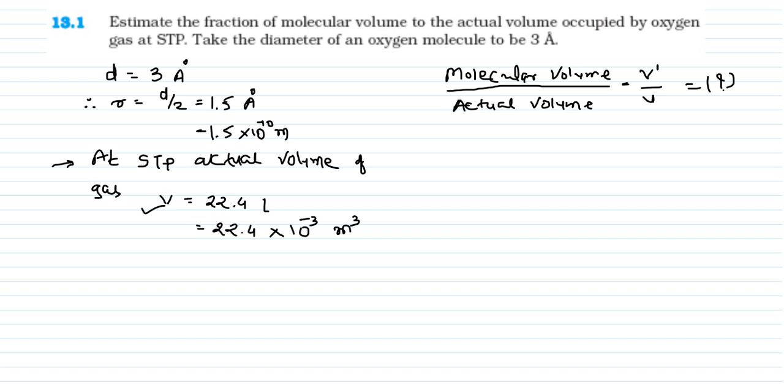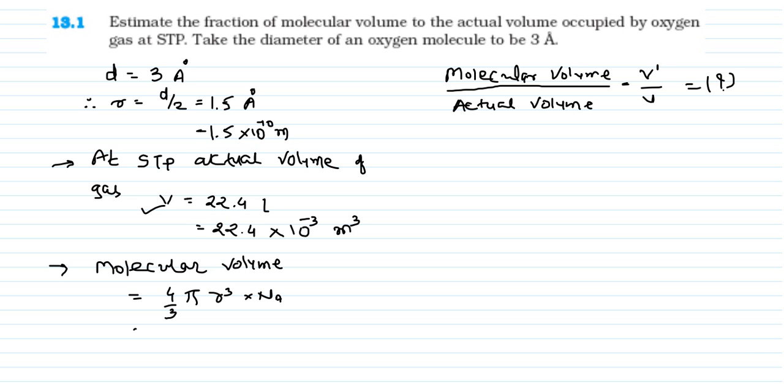Now, what is the molecular volume? That is the volume of 1 mole of a gas. Here you can say that molecular volume is equal to the volume of one molecule, that is 4 by 3 pi r cube, and for 1 mole, into Na, the Avogadro number.